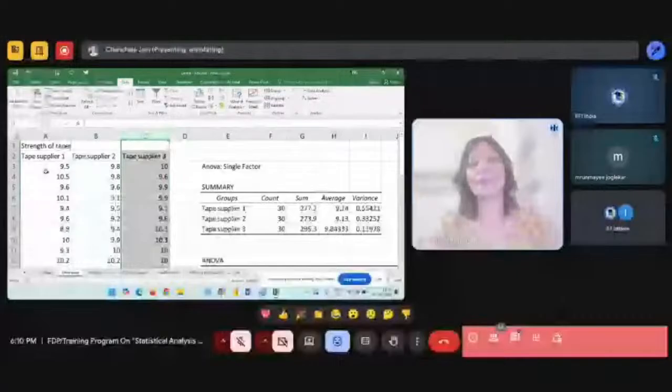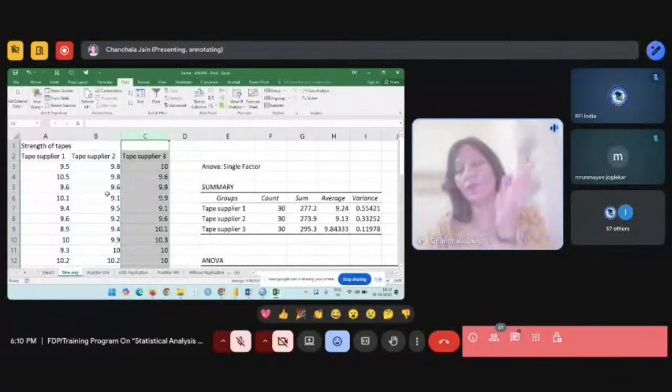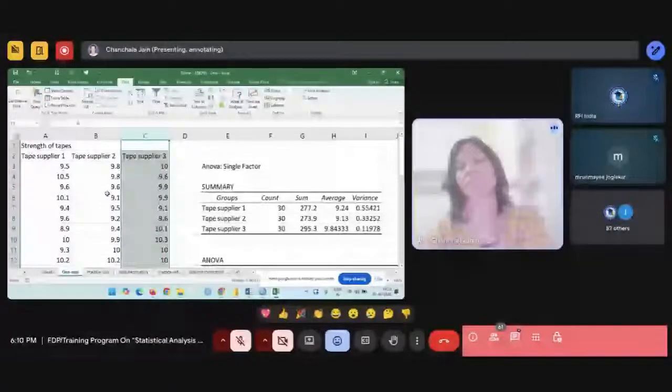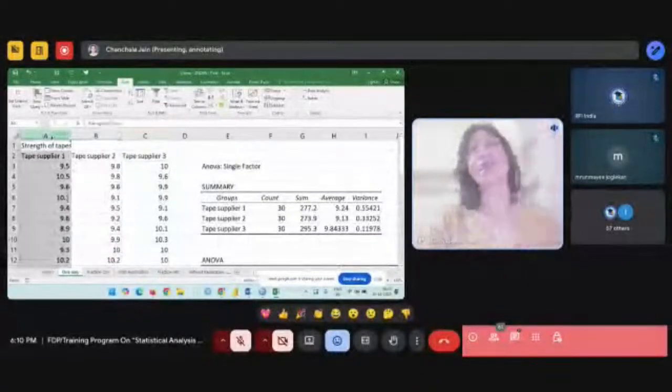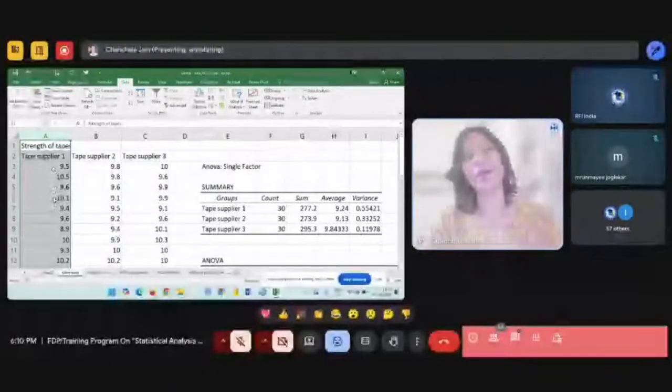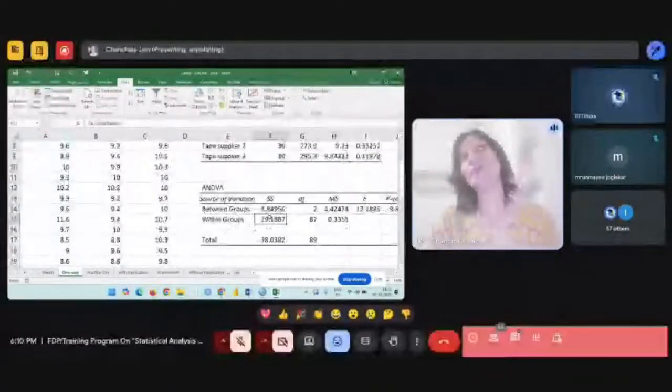That means it is between: when I compare the mean between these suppliers, the variance is coming in the tape strength between suppliers. Similarly, within group means from the same supplier, whatever tapes I have received, even in that there is a variance available. That is known as within group variance. Is it okay?